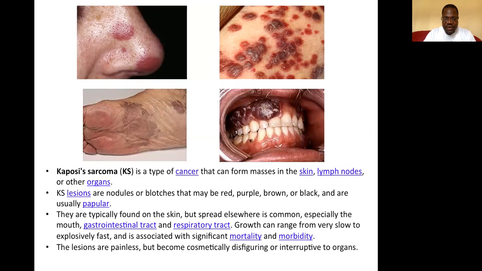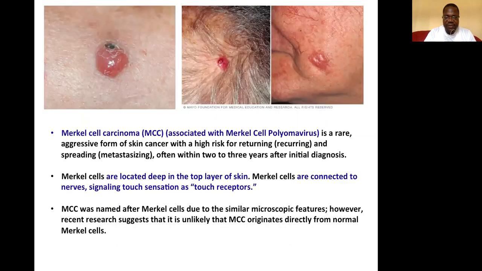You can also find them in other areas, like here in the mouth, and in this patient. It is very common in HIV infected patients.